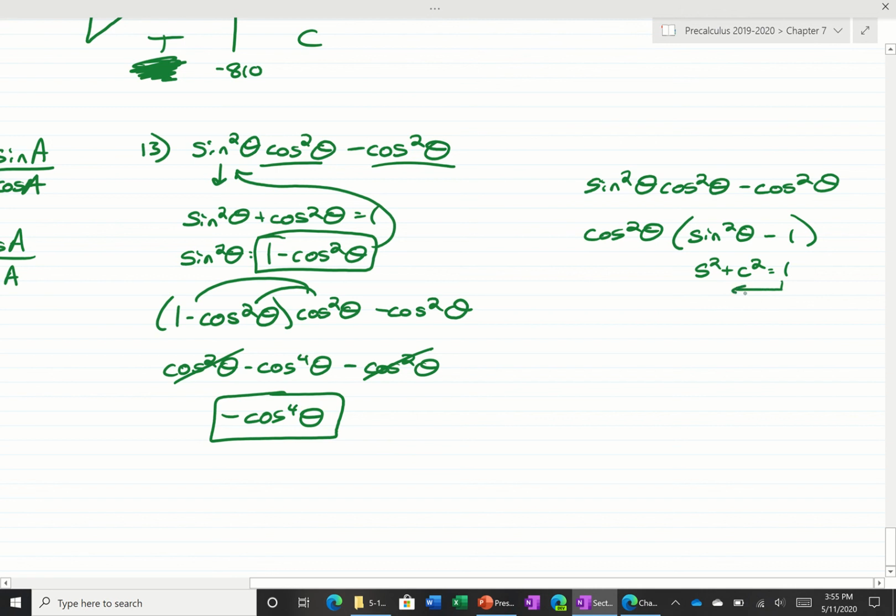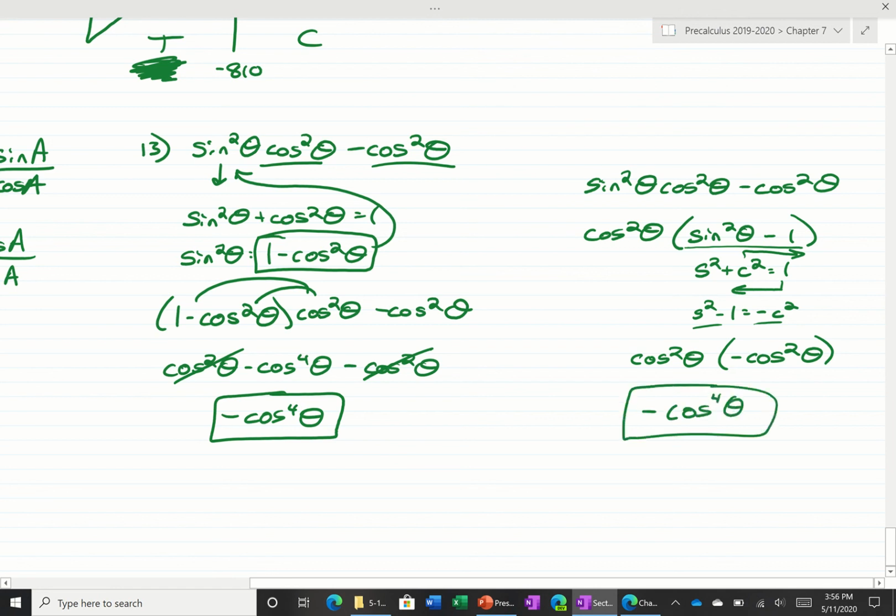So sine squared minus 1 is equal to negative cosine squared. So instead of sine squared minus 1, I can write what it's equal to, which was negative cosine squared of theta. You get the same answer I just showed you before. It's just another way to get there by factoring.